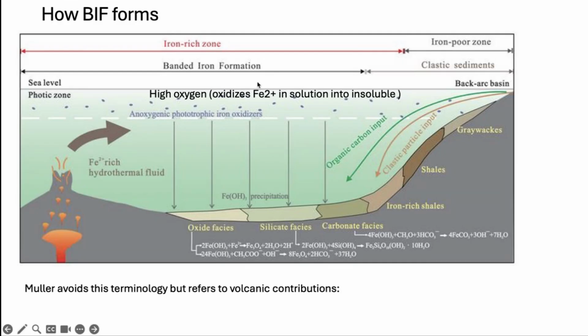And then these will settle out. You'll see things in the literature about oxide facies or silicate facies or carbonate facies. The textbook doesn't really use that terminology, but you may see it in the literature from time to time.